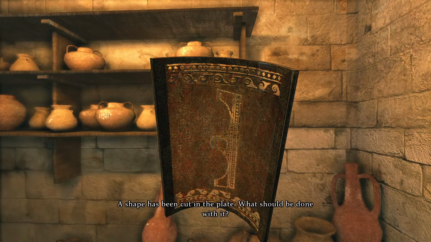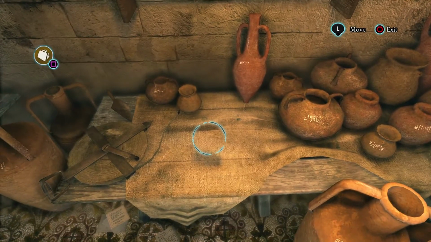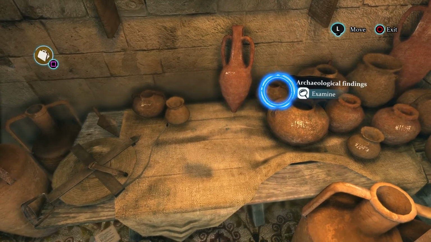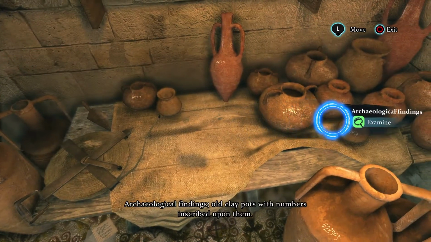A shape has been cut in the plate. What should be done with it? Archaeological finding.